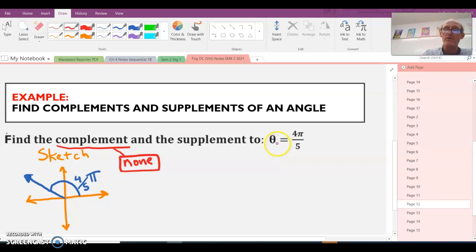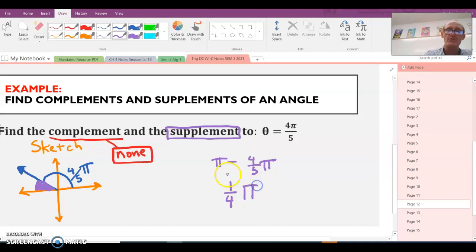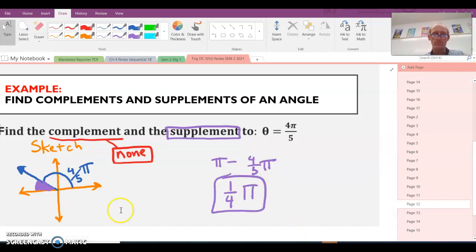Now, we're going to look at the supplement. So what is the supplement going to be? Well, the supplement's going to be this angle right here. We're going to take this angle, 4/5, away from 1. So pi minus 4/5 pi is equal to 1/5 pi. That's the supplement, 1/5 pi.